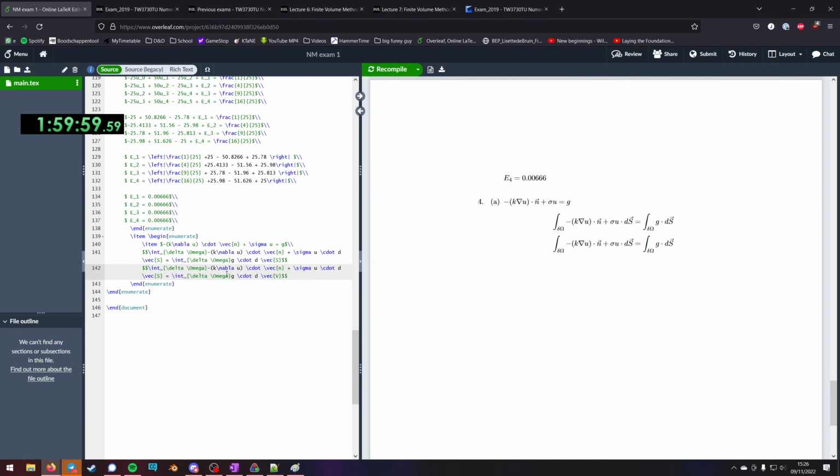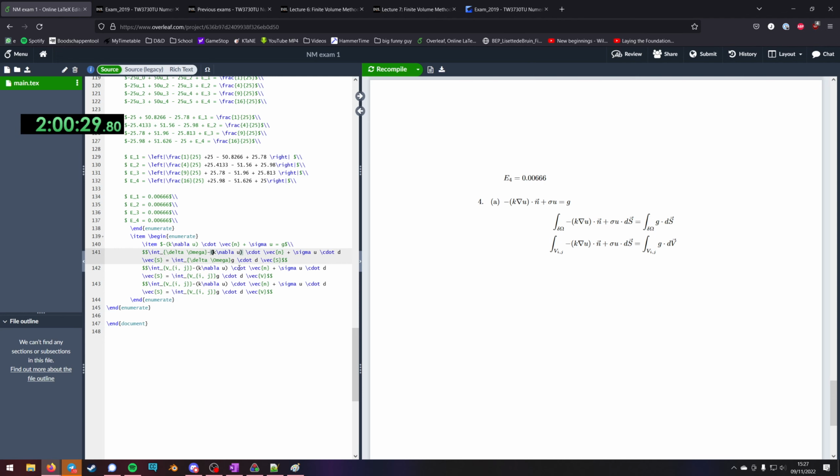Yeah, sure. So this is over the volume of the cell. So they integrate over the volume of the cell, and this is for now also over the volume of the cell, ij, and then they apply the divergence theorem.